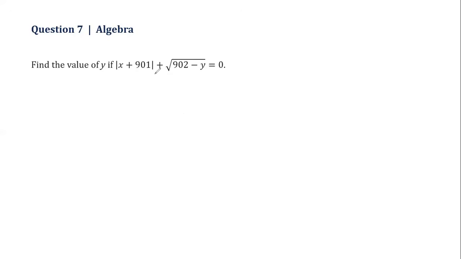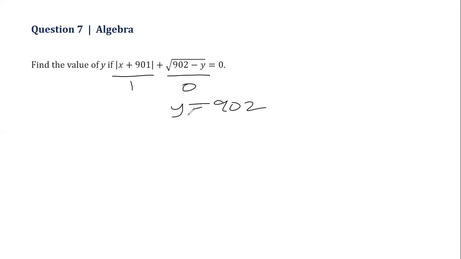If we do that, we're gonna consider the extreme cases where this is 1 and this is 0, and the other extreme case where this is 0 and this is 1. So in the first case, y is still 902.